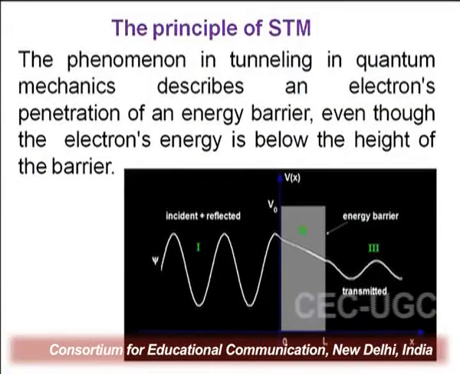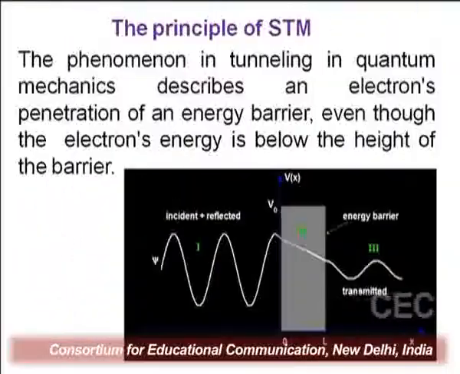So tunneling describes an electron's penetration of the energy barrier even though the electron's energy is below the height of the barrier. This quantum tunneling effect is used in scanning tunneling microscopy.